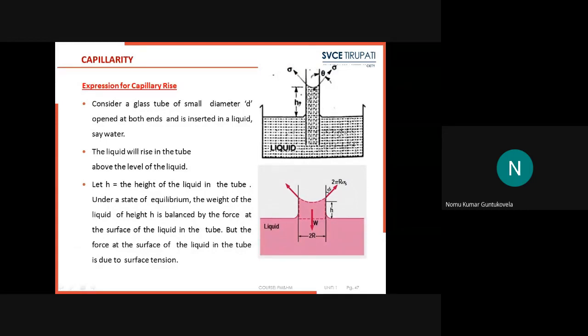If the capillary water level is more than the vessel water level, it is known as capillary rise. If the water in the capillary tube is lower than the regular level, it is known as capillary depression.